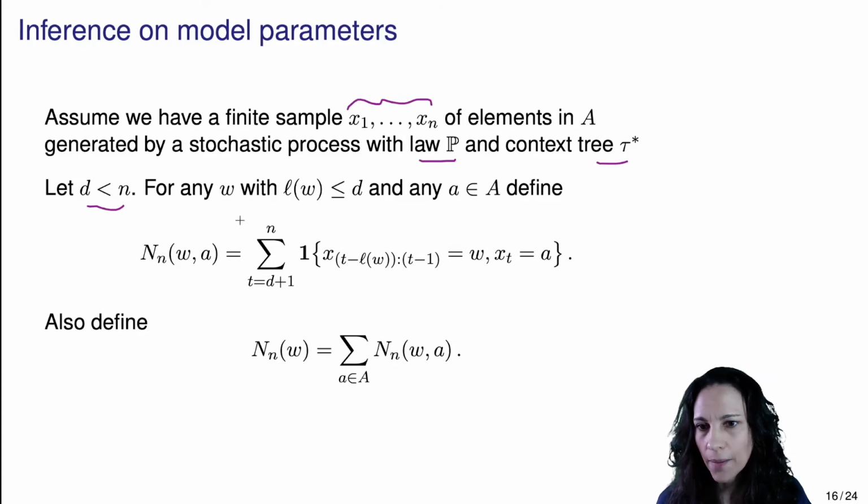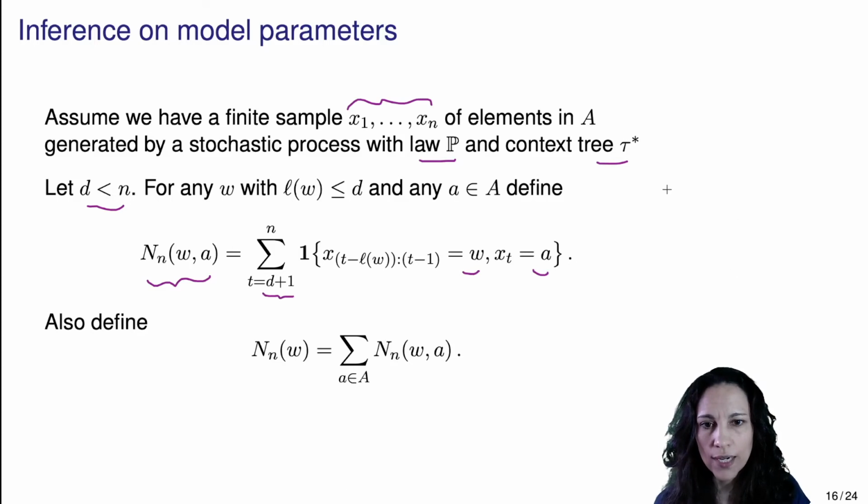Then for any w with length smaller or equal to d and any symbol a, we define this counter here. This counter Nn of wa counts the number of occurrences of the sequence w followed by the symbol a in the sample, but beginning at time d plus 1.